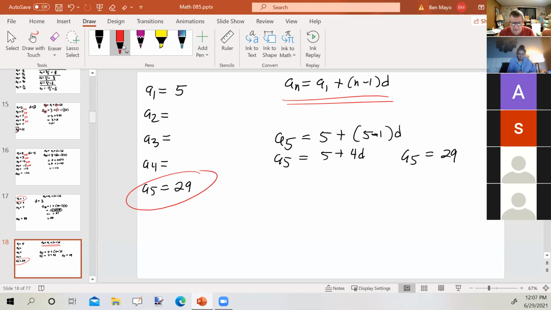We were given that. Yeah. Well, if a sub 5 equals 5 plus 4d, but a sub 5 also equals 29, we can say that 5 plus 4d equals 29. We've got two different ways of describing a sub 5, so those two descriptions are also equal.